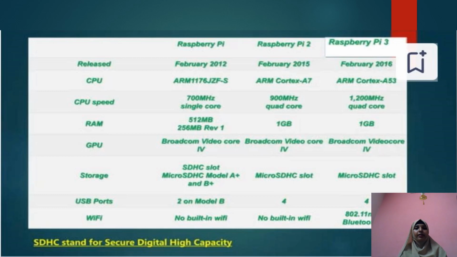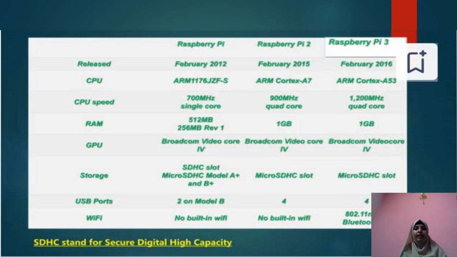Now let's have a look at the CPU speed. 700 MHz, and 900 MHz for the Raspberry Pi 2 and 1200 MHz quad core for Raspberry Pi 3. RAM is 512 MB for Raspberry Pi, 1 GB for Pi 2, 1 GB for Pi 3. Now for GPU, Broadcom VideoCore 4, same followed by for Raspberry Pi 2, Raspberry Pi 3.